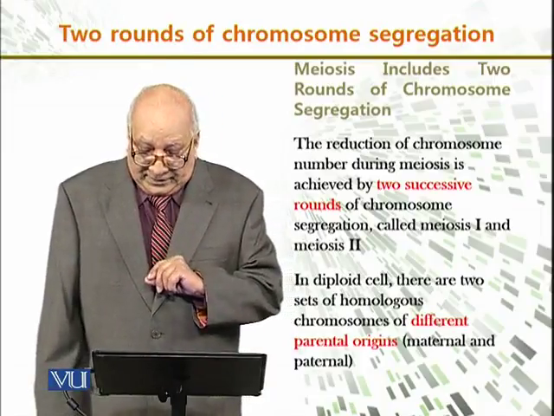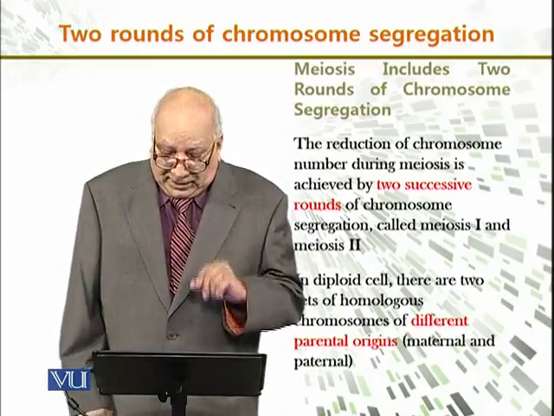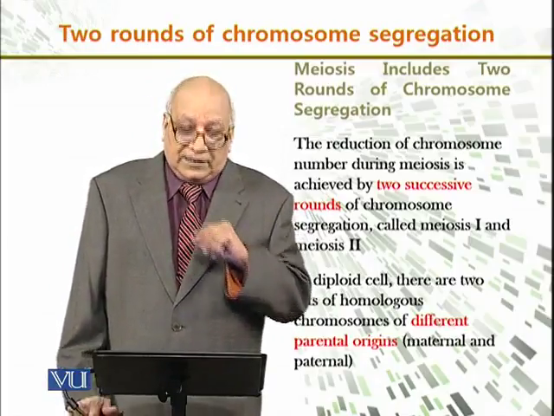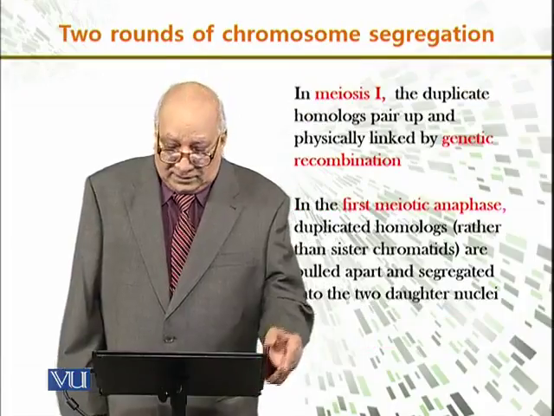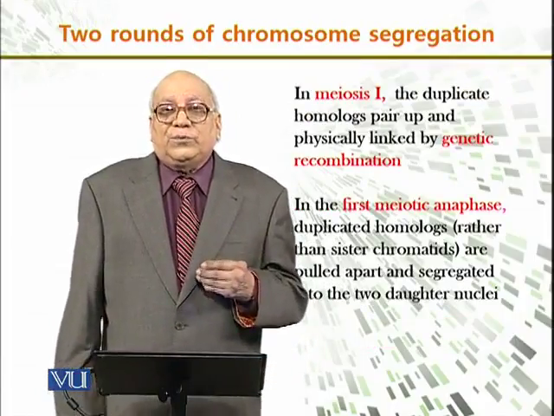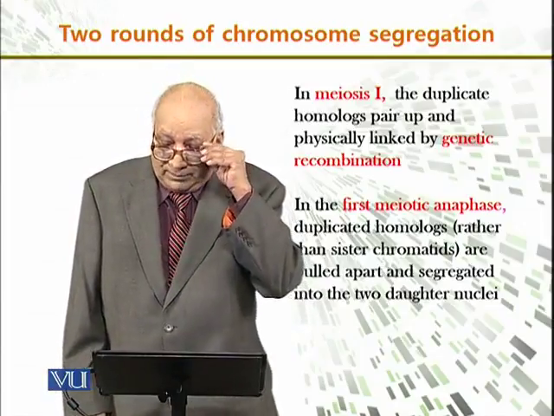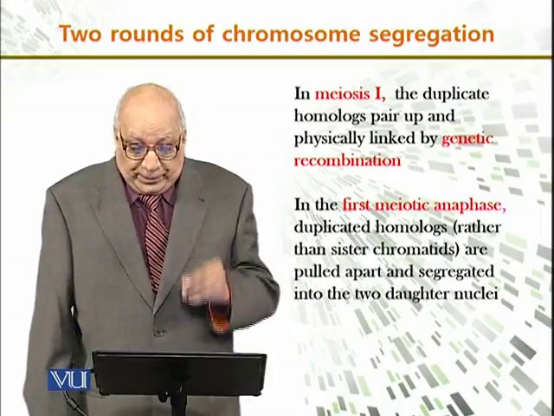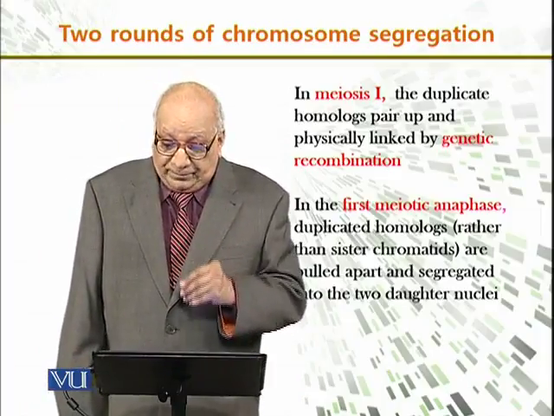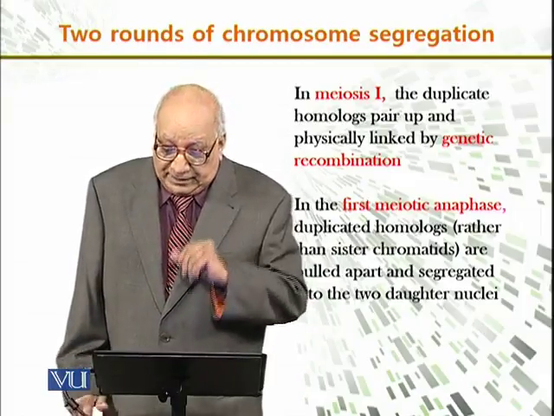In diploid cells, there are 2 sets of homologous chromosomes of different parental origin. What are homologous chromosomes? Homologous chromosomes are those chromosomes which are similar to each other. So in meiosis 1, the duplicated homologs pair up and are physically linked by genetic recombination.